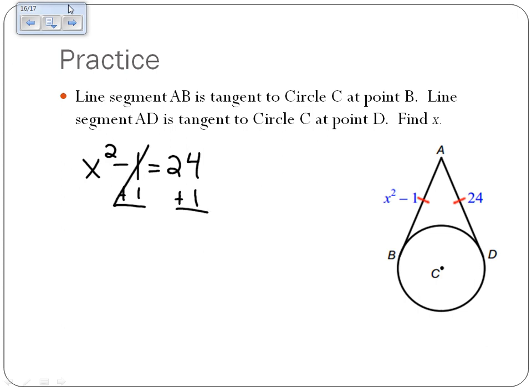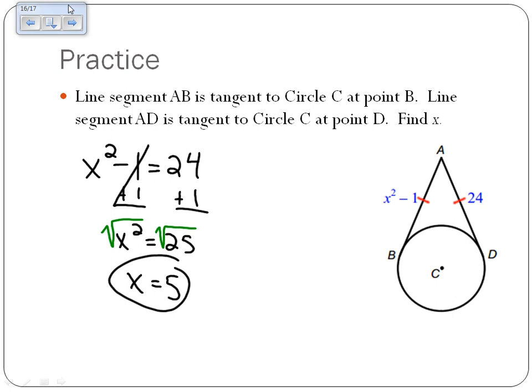I get x squared is equal to 25. What do I need to get just x then? Square root. So I take the square root of both sides, and I get that x is equal to, what's the square root of 25? 5. There you go. If you wanted to check it, plug it back in. 5 squared is? Minus 1? Equal.